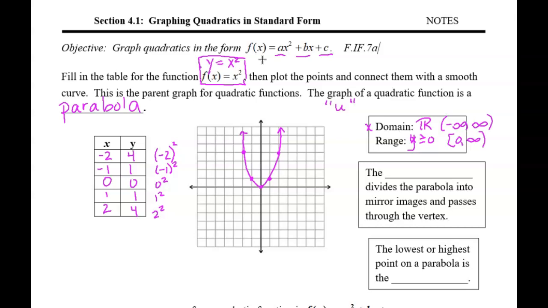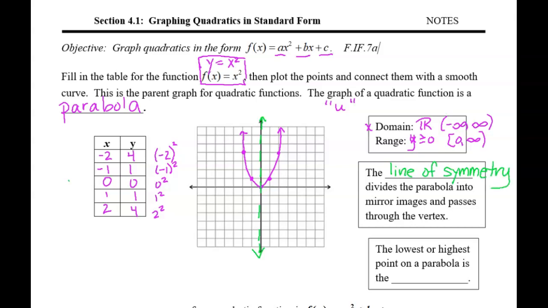So what divides the parabola into mirror images that pass through the vertex? Well, if I drew an imaginary line right down the middle of my parabola, that is called the line of symmetry.